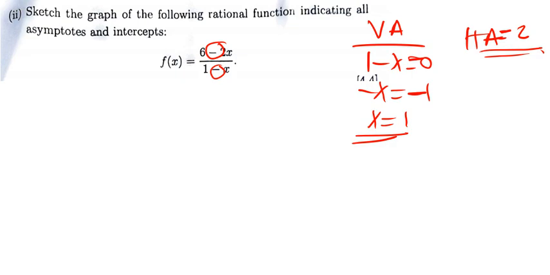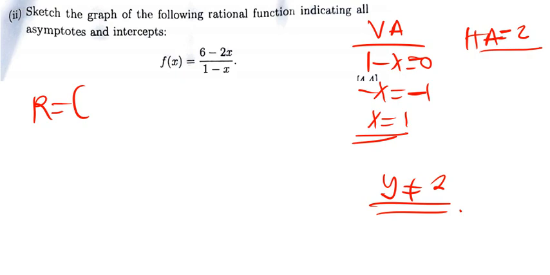Your horizontal asymptote is the same as the domain, the range. To find the range, you just say y should not be equal to the horizontal asymptote. In that case, it will be 2. Then you say the range will be from negative infinity all the way to 2, 2 not included, union 2 to positive infinity, like that.